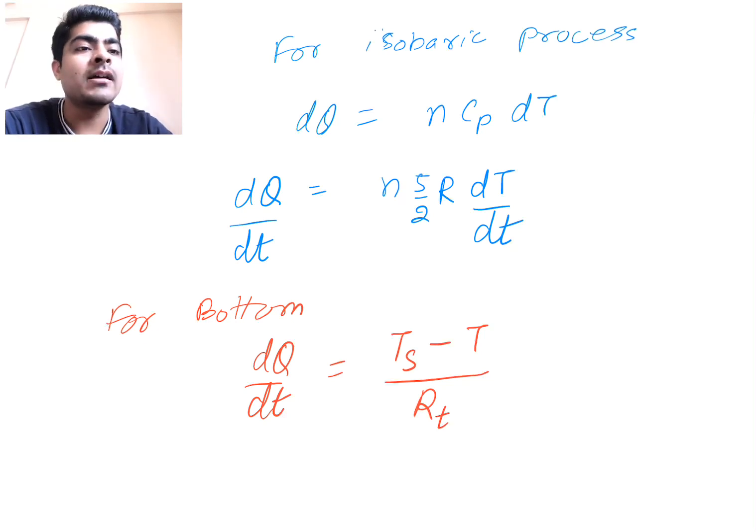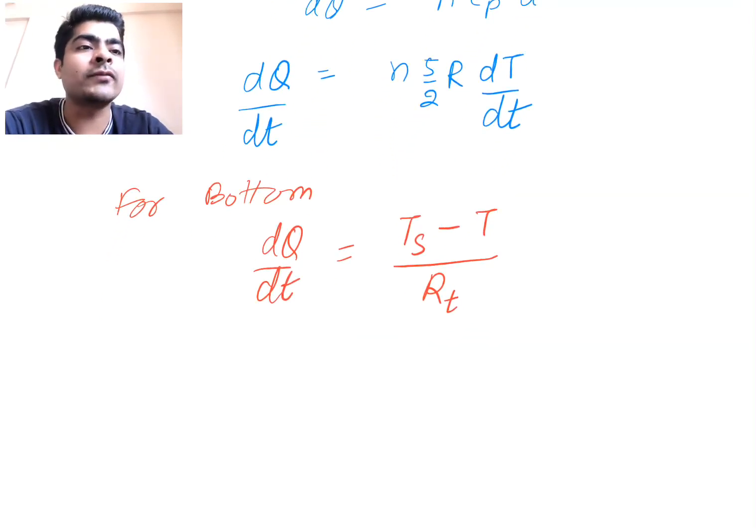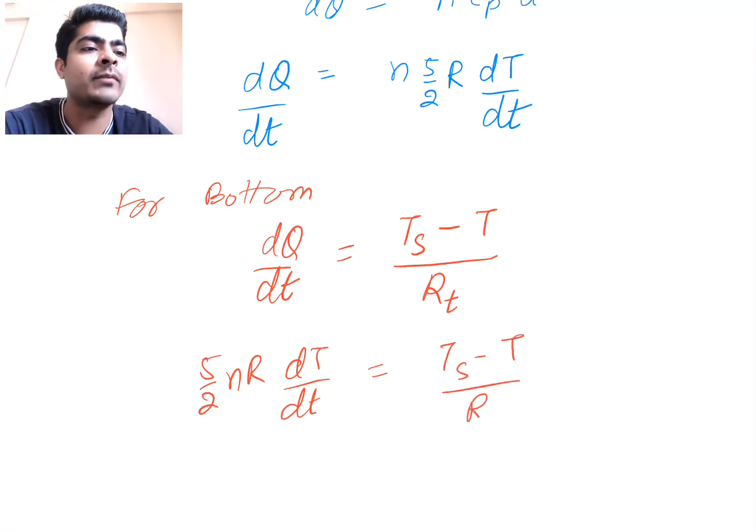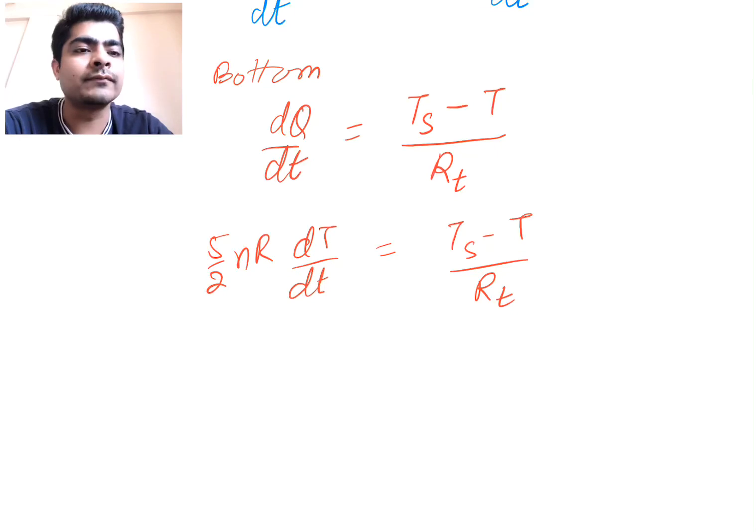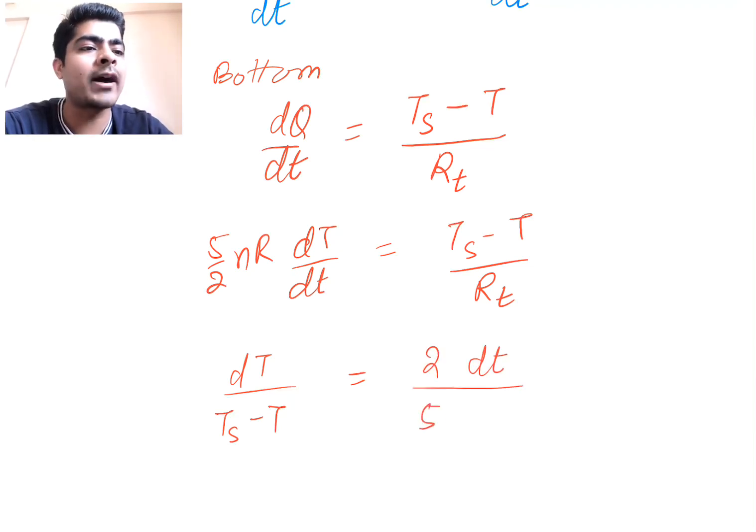Then equating the two values of dQ by dt, 5/2 nR dT by dt equals Ts minus T divided by RT. So dT by Ts minus T equals dt times 2 by 5nR RT.